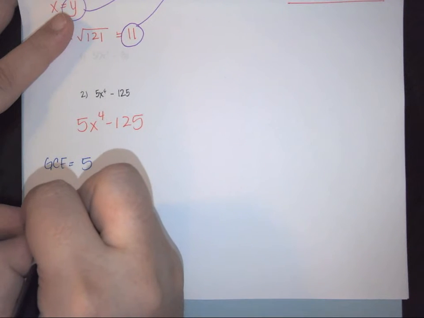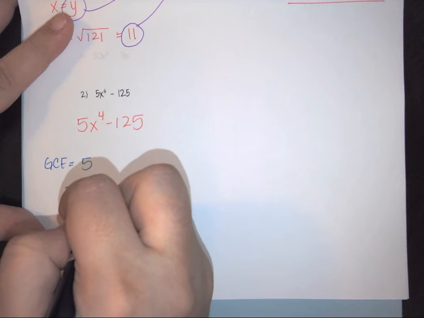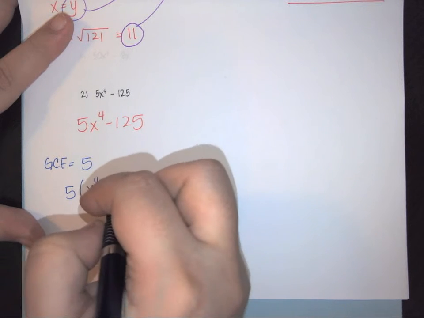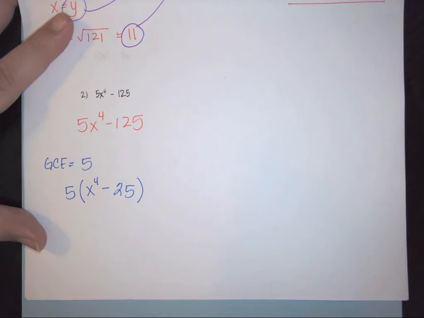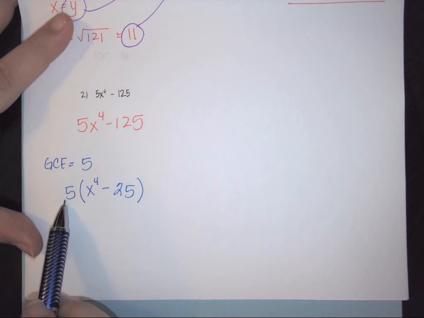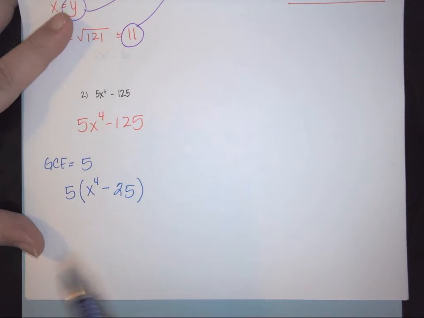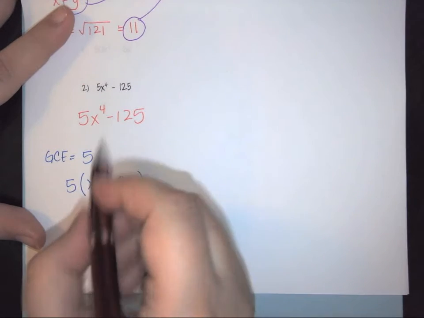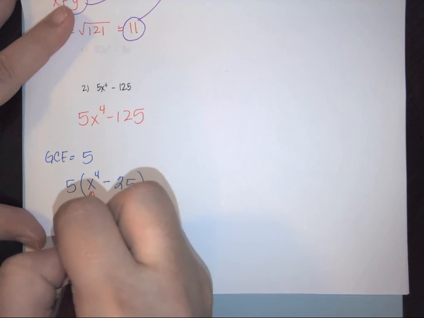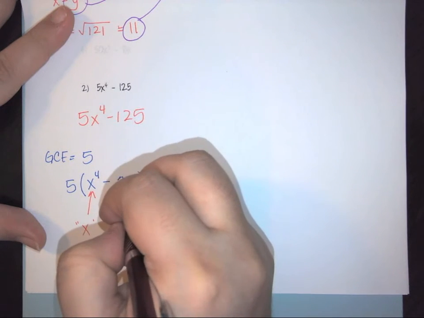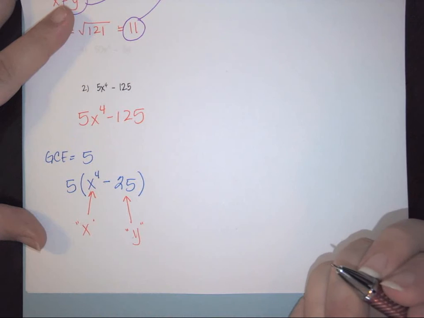If I pull out the 5, I'm going to leave behind x to the fourth minus 25. This 5 is going to be along for the ride, but I now have two separate terms. So again, this first term is going to represent the x value, and this second term is going to represent the y value.